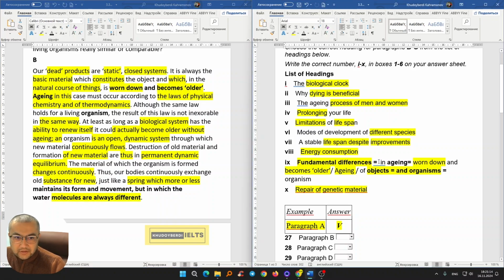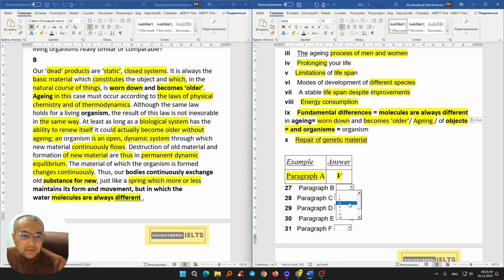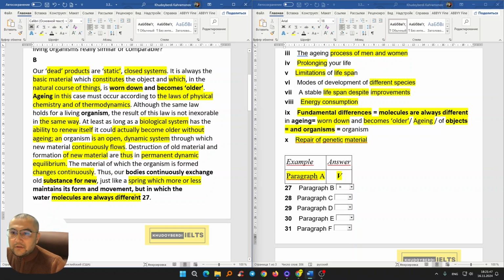So it's talking about fundamental difference about aging, because our body continuously exchanges old substance for the new one, but water molecules are always different, and this is a fundamental difference you can see here, and the answer is going to be the 9. And let's just write it down, 27 here, right? So the next one.